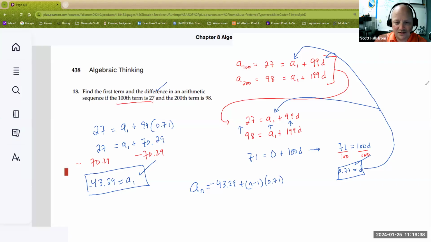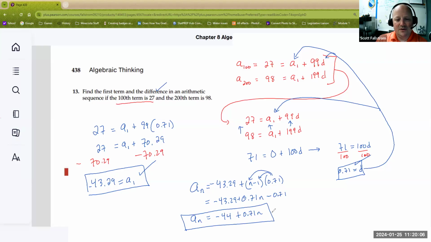Let's do a little simplifying just to make it look a bit neater. Distribute across: 0.71 times n minus 0.71, and combine the negative 0.71 with the negative 43.29, and you should get negative 44 plus 0.71n. And that is how we can find any term in the sequence.